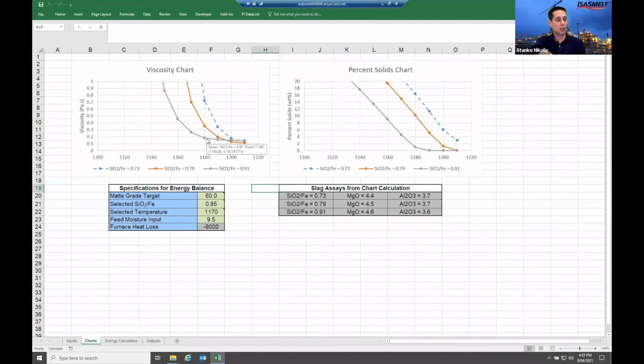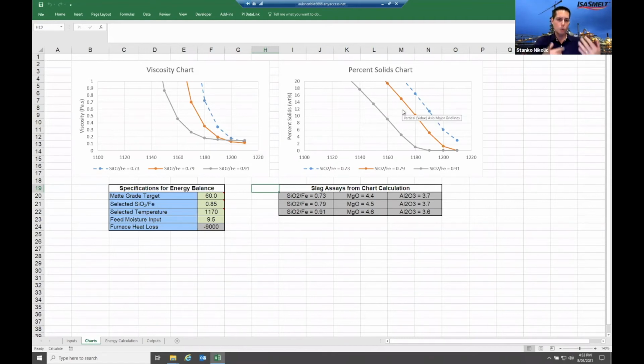In an ISASMELT, you don't need any of that. It saves you all of that capital. It saves you all of that operational difficulty. And you're able to run in just a brick furnace. You can achieve a 4-year campaign life. I think our longest campaign life at the moment is approaching 6 years in one of our copper ISASMELT furnaces, which is at the First Quantum's Kansanshi operation.